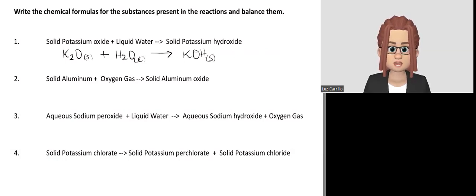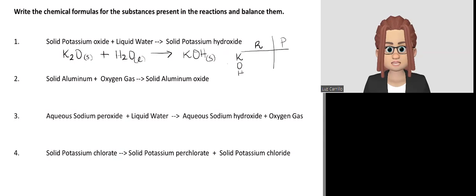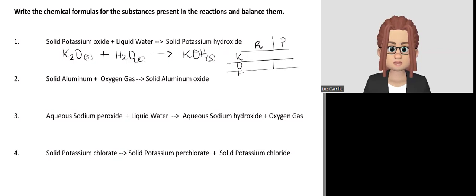Now we have to count the atoms on the reactants and the products in order to know if they are equal or they are not equal. So I know that in this reaction, for the reactants, which I'm going to label with a capital R, we have potassium, oxygen, and hydrogen. And in the products, we also have those atoms, because remember that in a chemical reaction, the atoms cannot be destroyed or go into nothingness. So the same atoms that we have in the reactants, we will have in the products.